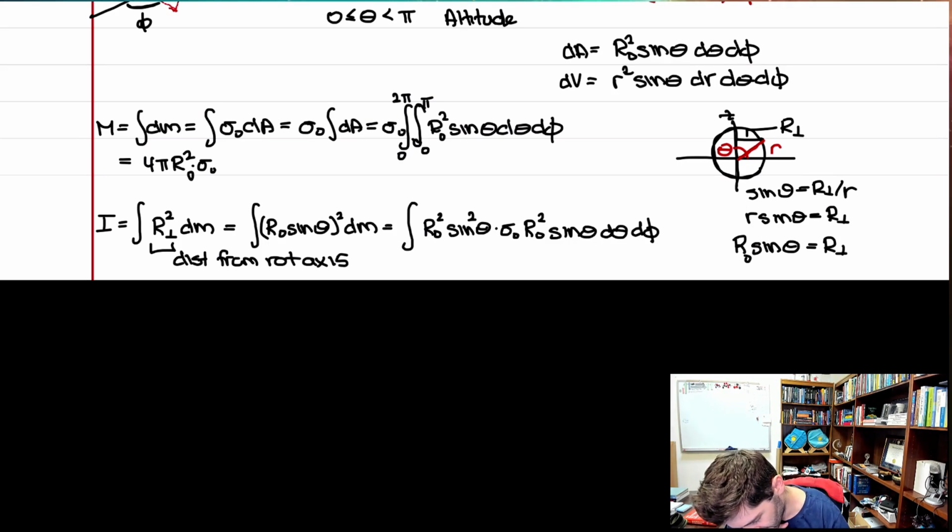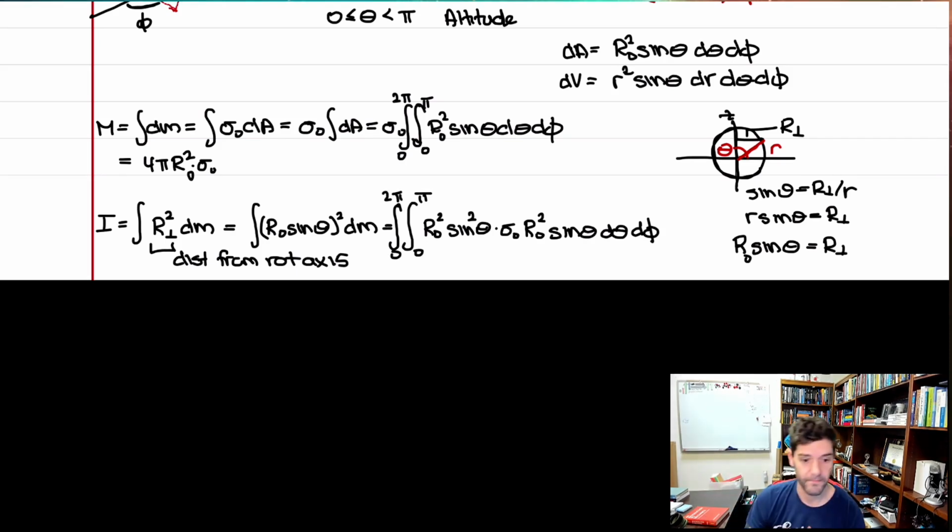This is indeed a double integral, going from 0 to pi for theta and 0 to 2 pi for phi. Sigma is a constant, r is a constant, sine of theta is not a constant, so this ultimately is an integral over sine cubed.